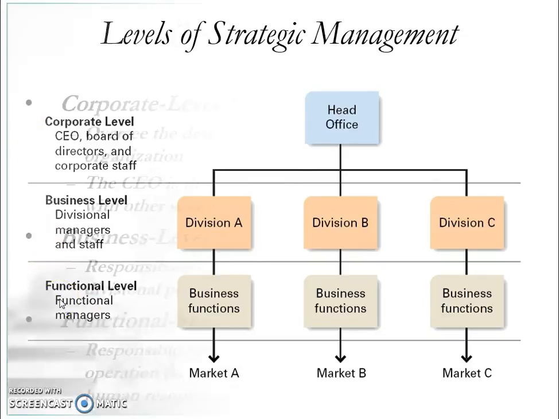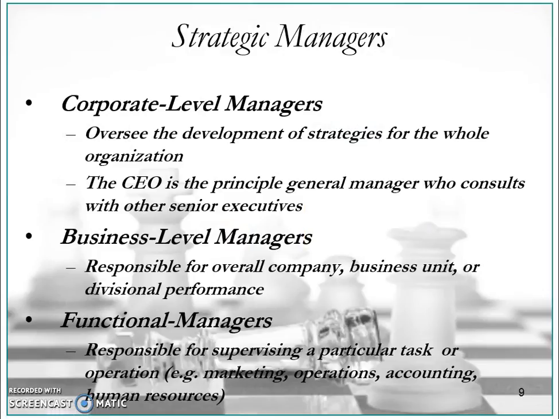Now, in order to fulfill these tasks, there are managers working on these levels. So at the corporate level, managers oversee the development of strategies for the whole organization. The CEO is the principal general manager who consults with other senior executives like board members and other senior advisors of the company.